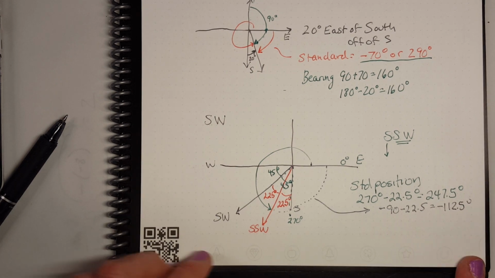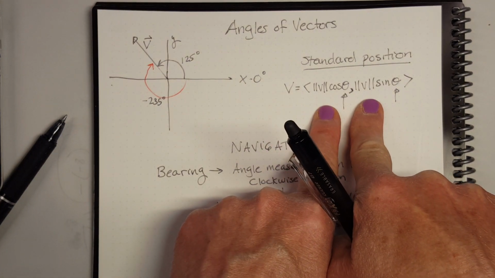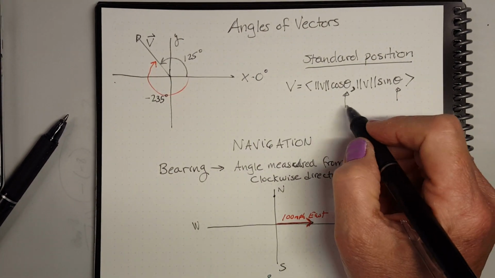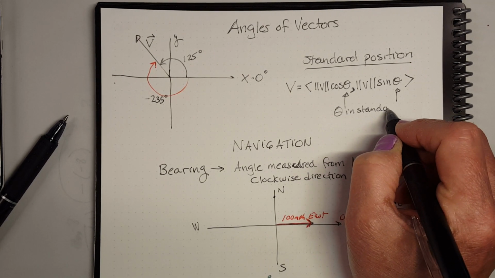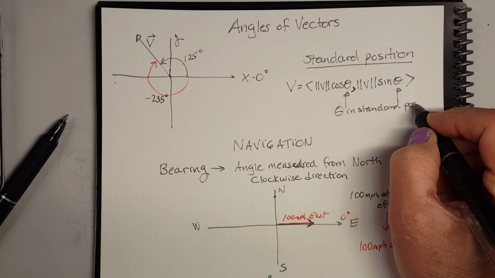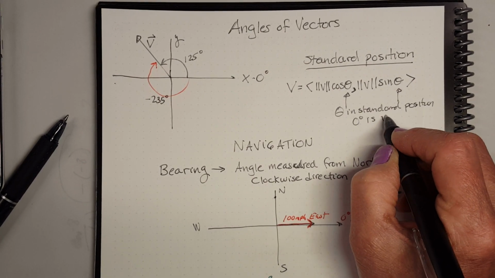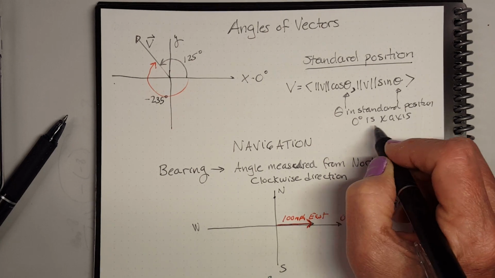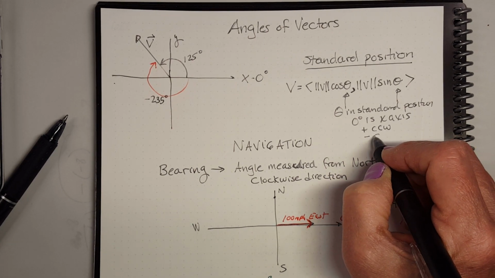And what we want to remember is that anytime you want to use this formula, your angle must be in standard position, measured from the 0-degree line, which is the x-axis, and positive is counterclockwise, and negative is clockwise.